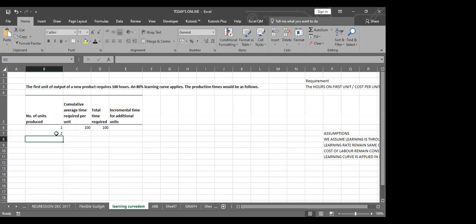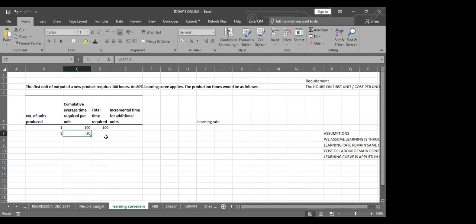So what happens if you produce the second unit? Now, because there's a learning curve, and the learning rate given is 80%, it means every time you move to the next process, which is doubling, your average hours will reduce to 80%.